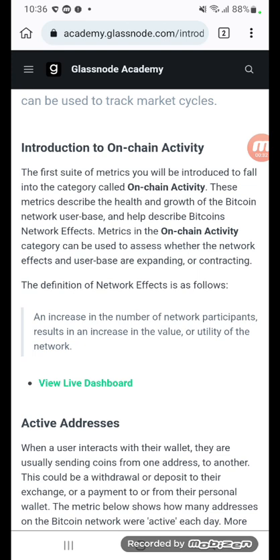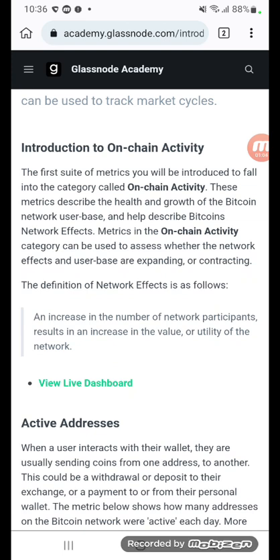These metrics describe the health and growth of the Bitcoin network user base and help describe Bitcoin's network effects. Metrics in the on-chain activity category can be used to assess whether the network effect and user base are expanding or contracting.